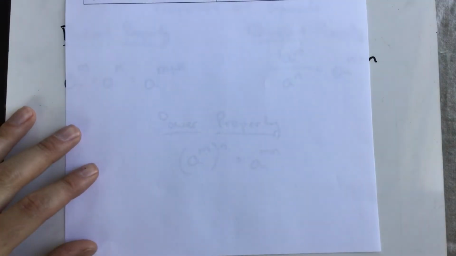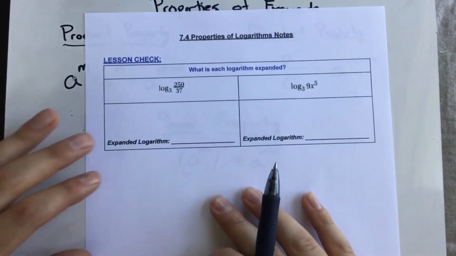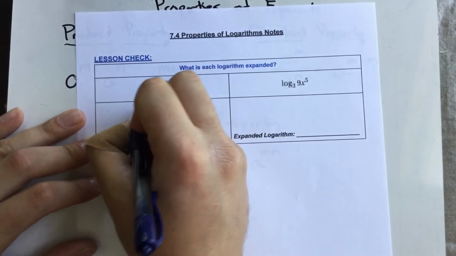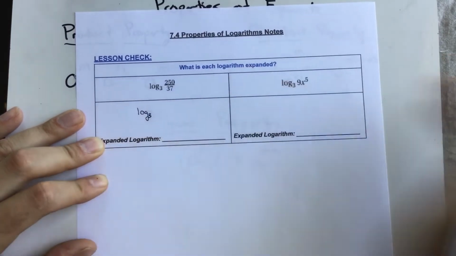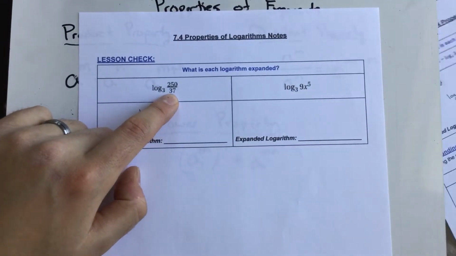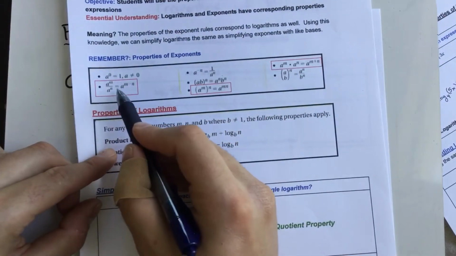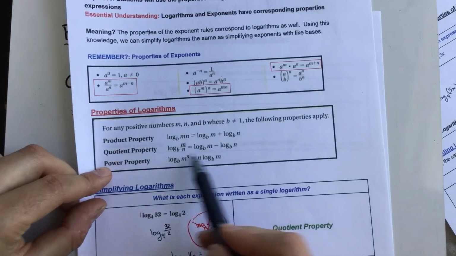Let's look at 2 more examples. Log of base 3. I see here that this is being divided. So that's going to be our quotient rule property.